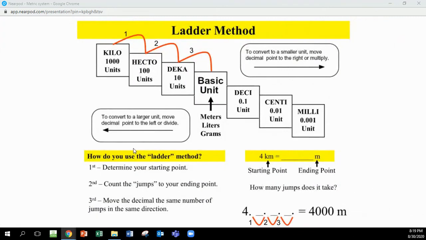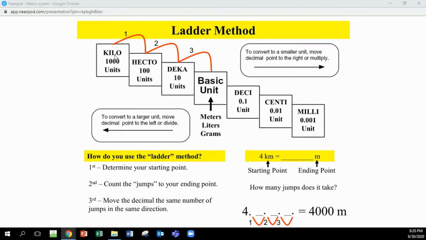So how do you move things? We're going to look at the ladder method. The ladder method is just looking to see what the difference is between different prefixes, and how far we need to move a decimal. We talked about that a little bit when I was showing you the slide on the PowerPoint, but we're going to talk about it here as well.